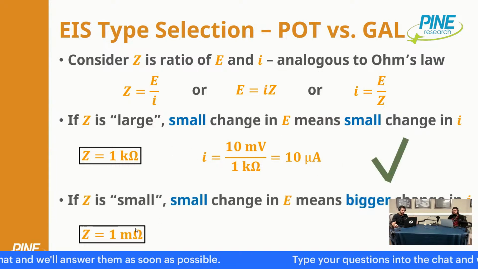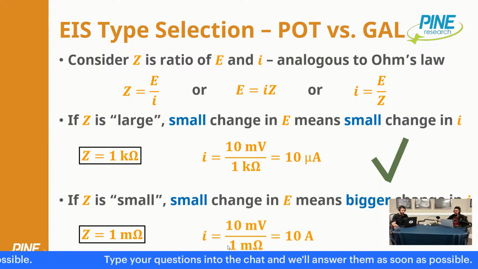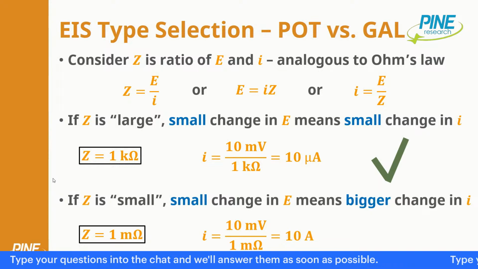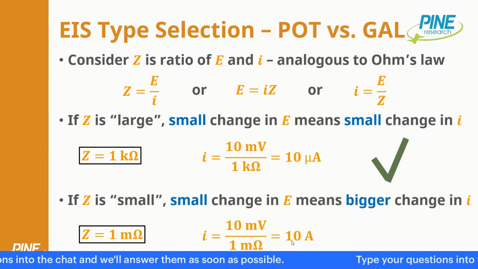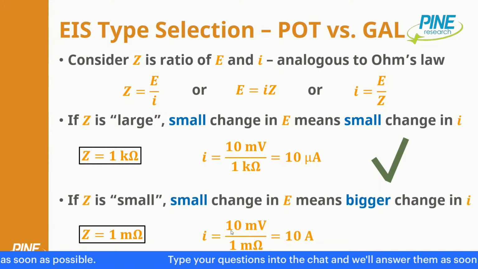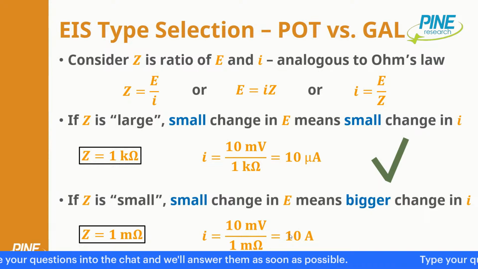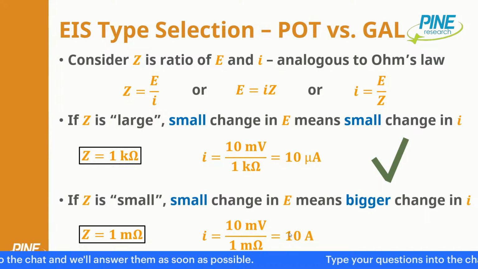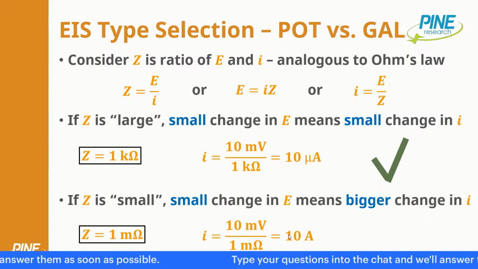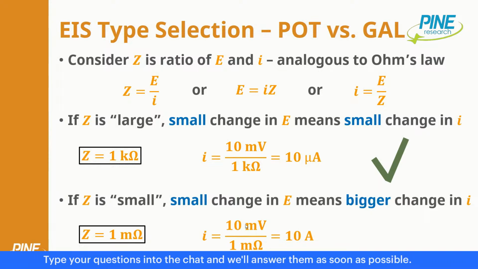The other situation: if your impedance is really, really small, 10 millivolts gives you 10 amps. This is the opposite, talking about potentiostatic mode. The point being, you can use Ohm's law and say, okay, if I have 1 milliamp here, I'm going to get a microvolt, and it's too low.